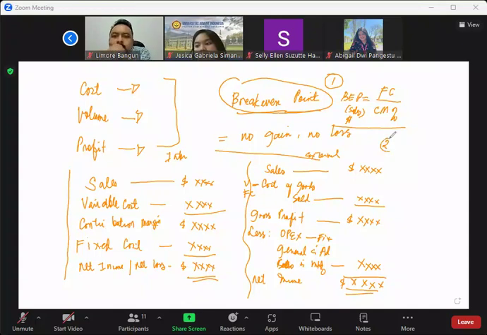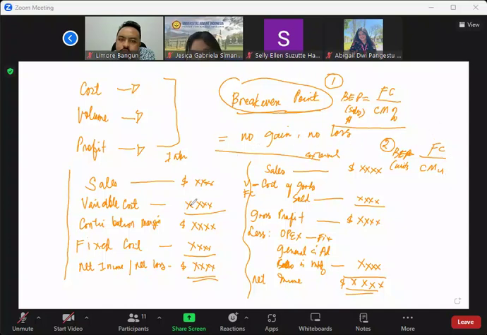If you are looking for a break-even in volume or units, you have another formula. Break-even point is equal to fixed cost over CMU. CMU means contribution margin per unit.